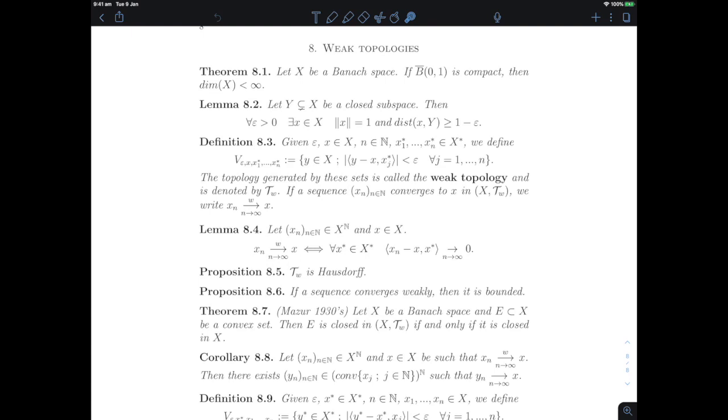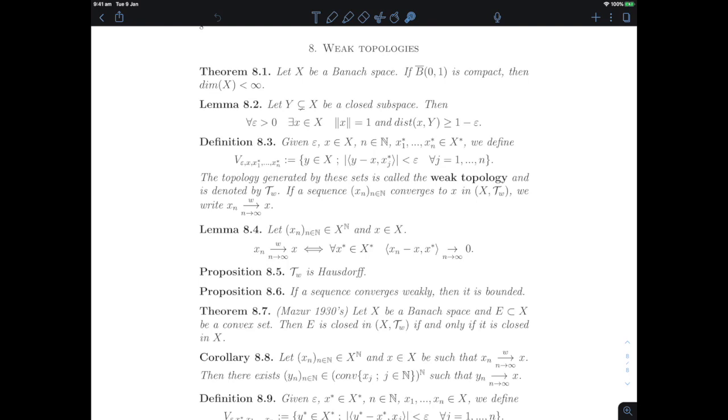And you say that you belong to this neighborhood V(epsilon, x, x1*, ..., xn*) if the distance between y and x, not the distance in the norm, but y minus x tested against those functionals, is smaller than epsilon.